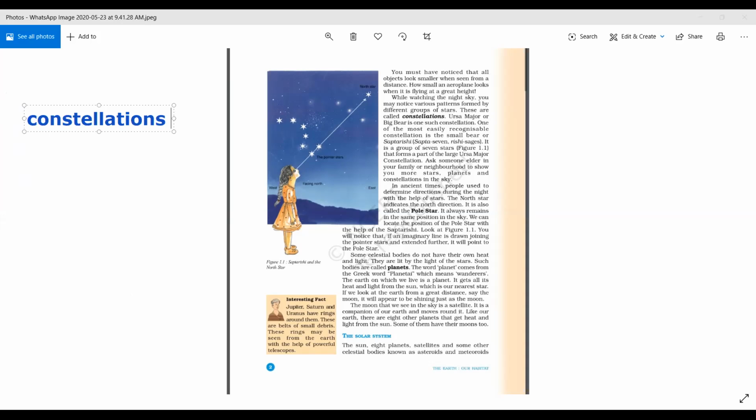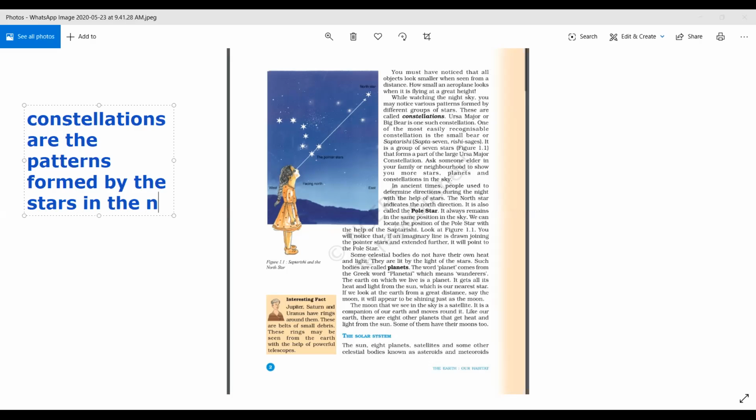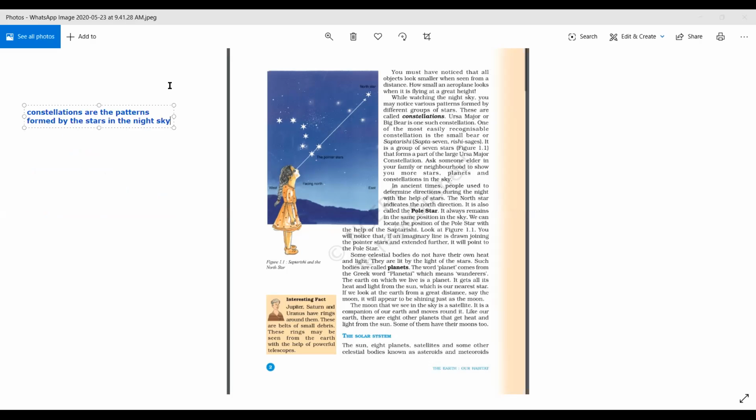Constellations are nothing but the patterns formed by the stars in the night sky.